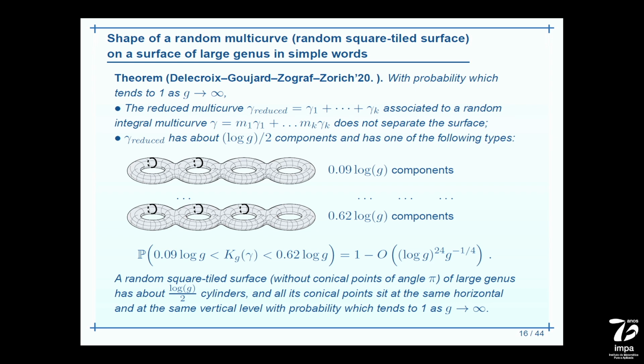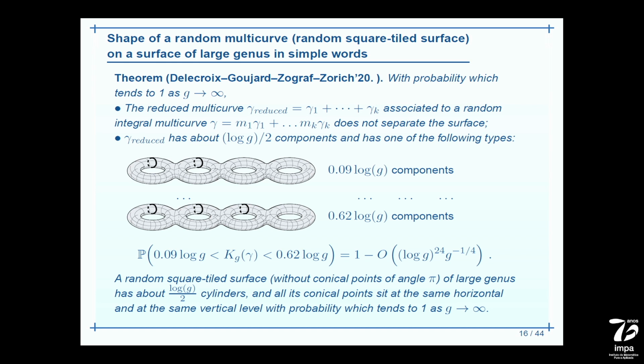So first, if you take a random multi-curve, then the associated reduced multi-curve has one of these shapes with probability which tends to 1 when genus tends to infinity. So one of these shapes meaning the following. First, there are not so many components, approximately log g over 2.